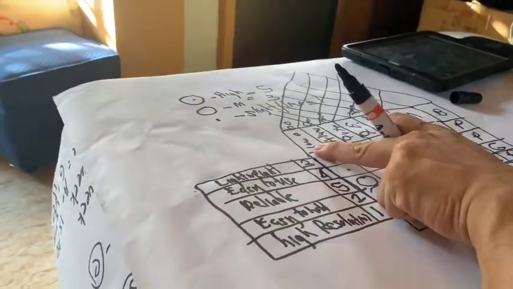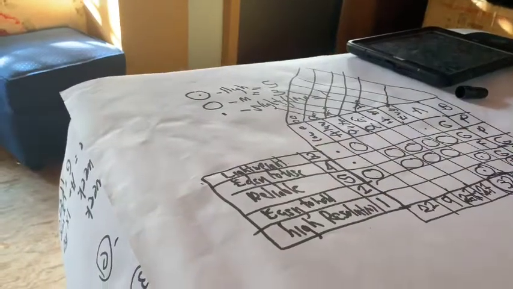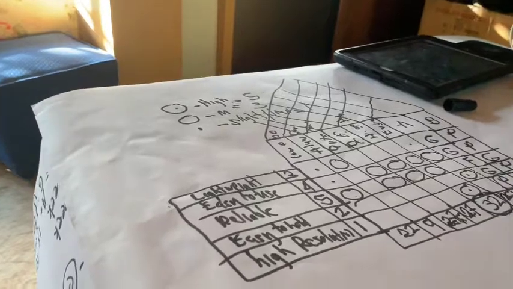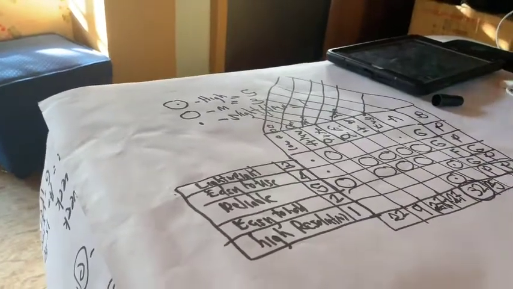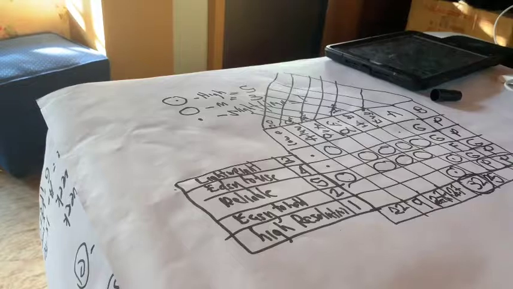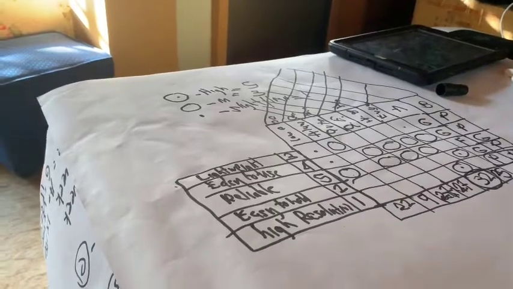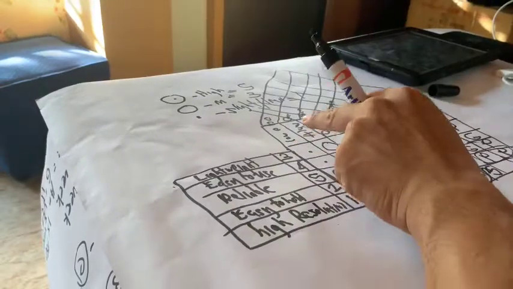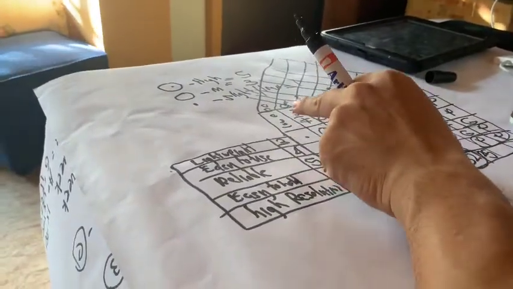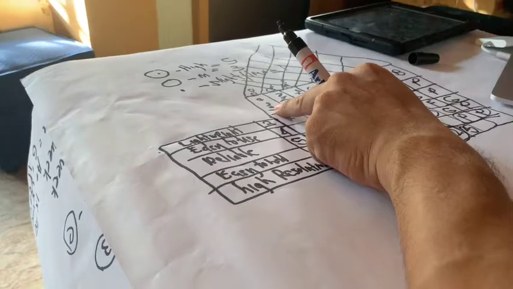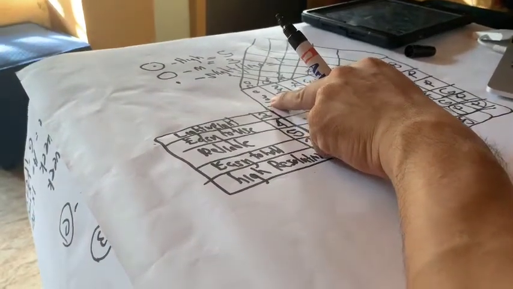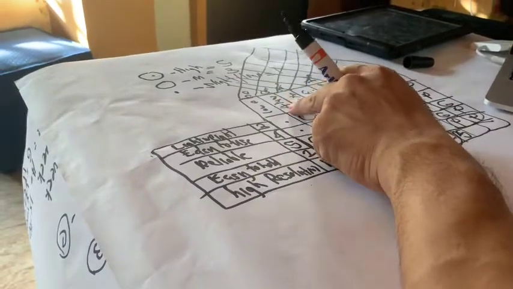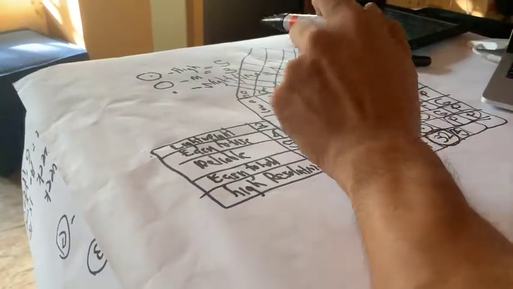So, low, tingnan ninyo yung page, saglit lang, page 29 ng PowerPoint. As you can see, low electricity has a high relationship as of the component. Okay, high relationship.